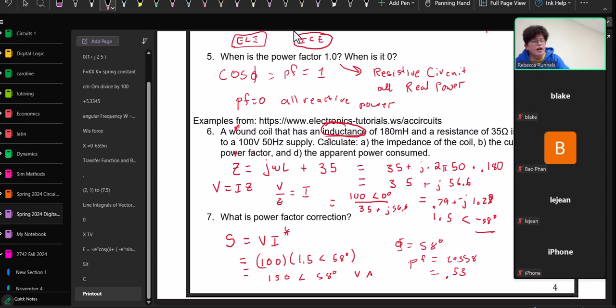But the main way I would know is because it's an inductor. And if you do the math and get this number here, that tells us as well. Okay, so other questions?